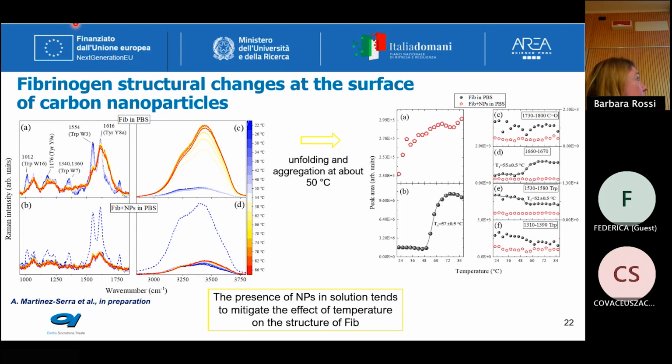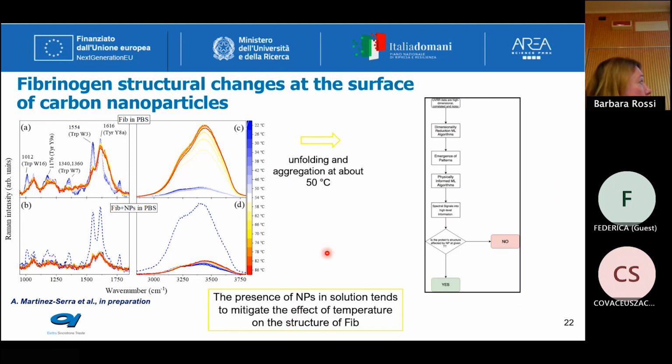In this case, we can detect specific spectral markers that can mark the unfolding and aggregation event occurring in the protein. And in particular, in this study, we have found that the presence of this carbon nanoparticle in solution tends to mitigate the effect of the temperature.